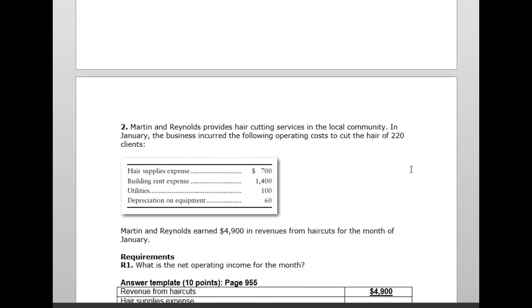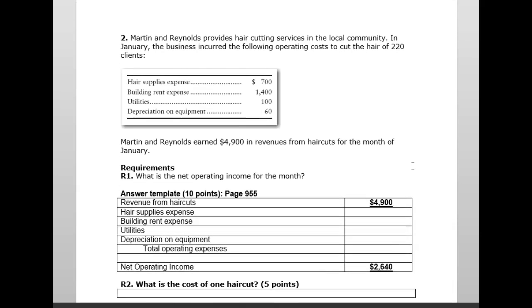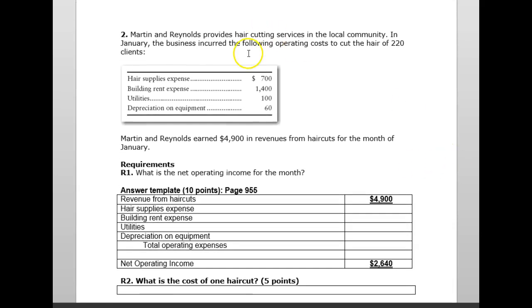And next we're going to look at how you would decide how much a haircut costs. You're going to actually create a net operating income for the month.